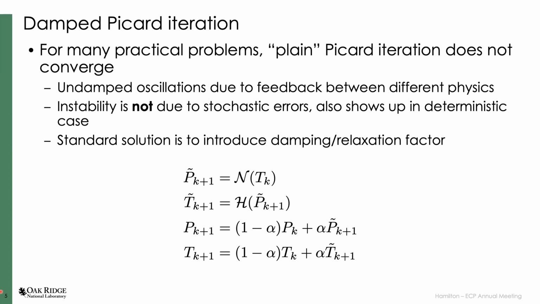And so the standard universal approach is to introduce a damping or relaxation factor, which here I'm going to call alpha. We do our regular Picard iteration, and then we add this little weighting factor, taking a linear combination of the newest iterate and the one from the previous iteration. If we pick that relaxation factor appropriately, then everything is nice and fine, and we've gotten rid of our instabilities.